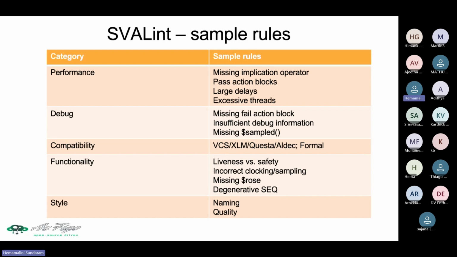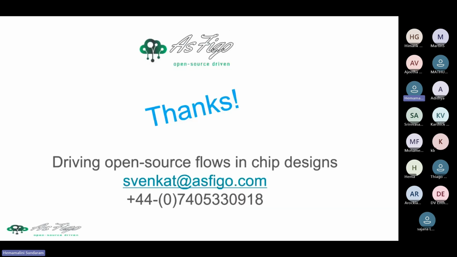In compatibility, it's VCS, Xcelium, Questa, Aldec, and formal tools. In the functionality category, liveness versus safety, incorrect clocking or sampling, missing $rose, and degenerate sequences. In the style category, the naming rules and the quality rules.